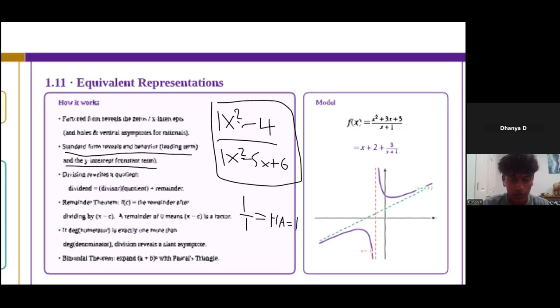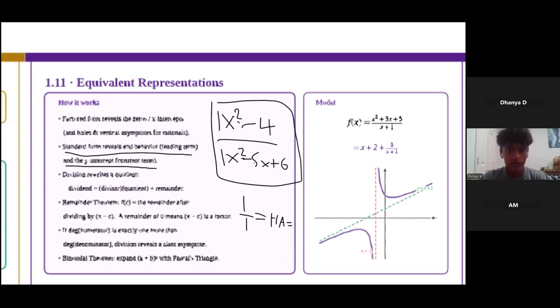Now, how do we find the y-intercept from this? We have (x squared minus 4) over (x squared minus 5x plus 6). As we know, the y-intercept is just when x equals 0, so let's put 0 for all the places x is. So 0 squared minus 4 is negative 4 on the top. And on the bottom, it's 0 squared minus 5 times 0, which is just 0, plus 6.